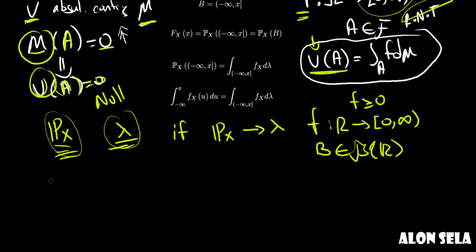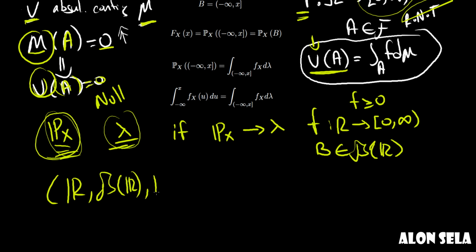Let's look at it like this. This time the sample space will be R, the sigma algebra will be the Borel sigma algebra, and the probability will be the probability that the random variable x is given by.